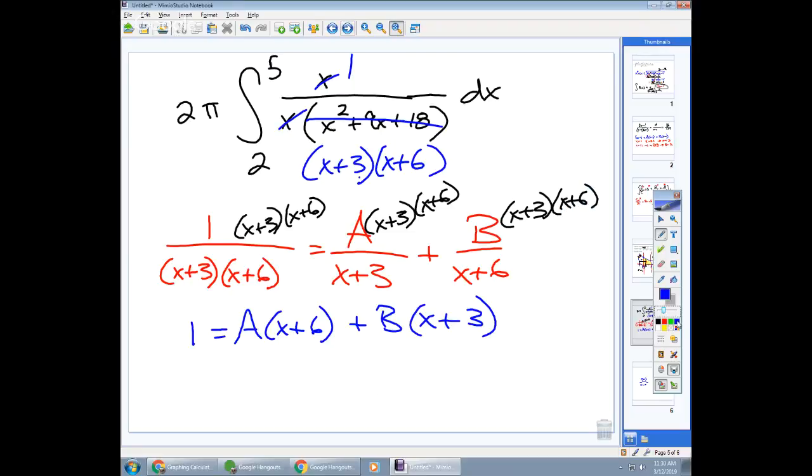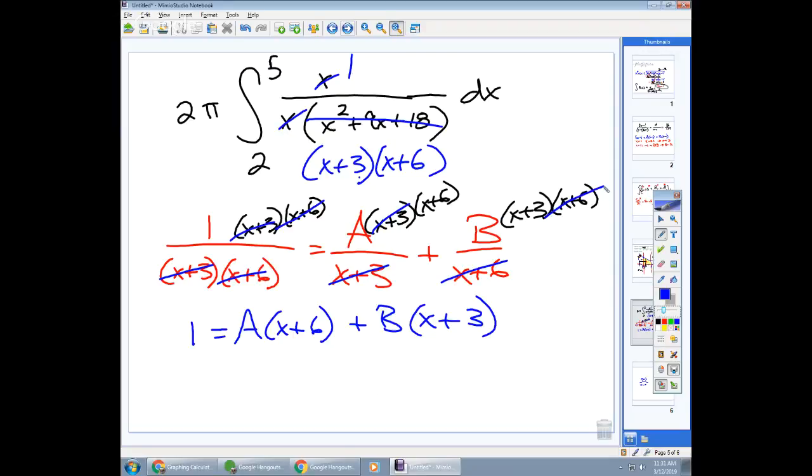And then confirm to ourselves, yup, cancel, cancel. What does it mean to cancel? A number divided by itself is 1, and multiplying by 1 is boring. All right, I think I did that right.